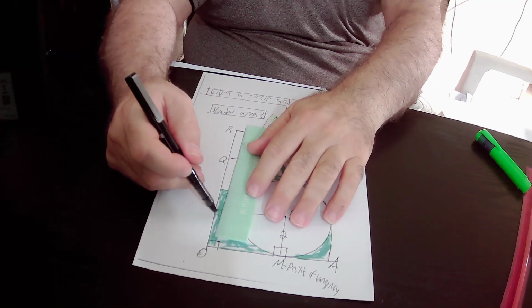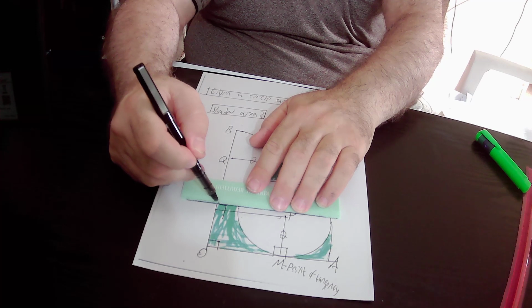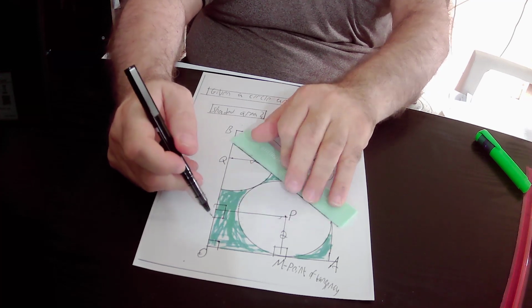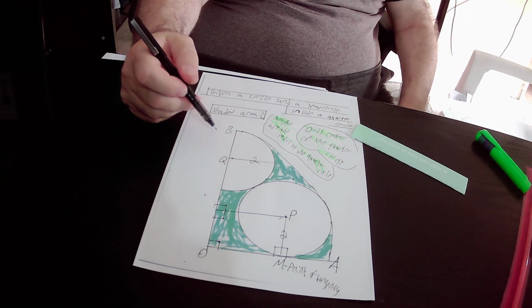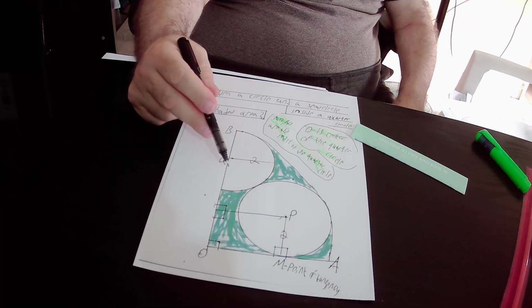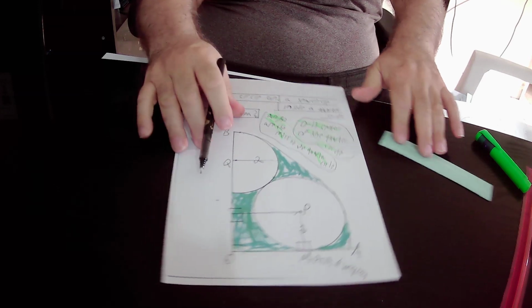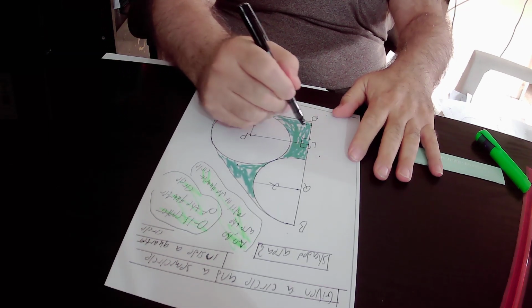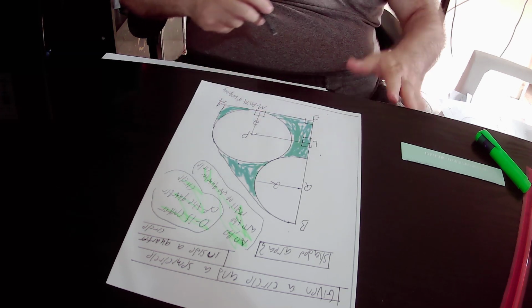Actually, this angle equals 90 degrees according to our construction, and this angle also equals 90 degrees according to our construction. We will define the point where the perpendicular from point P meets QO as L.